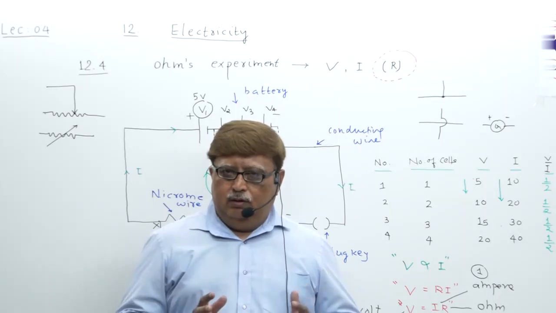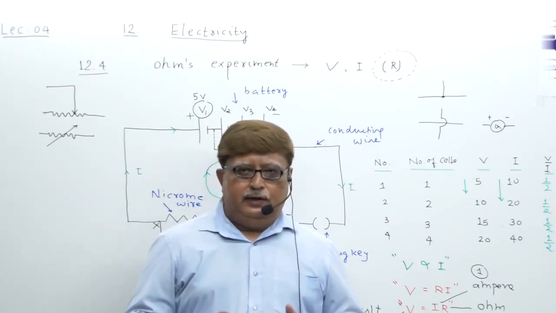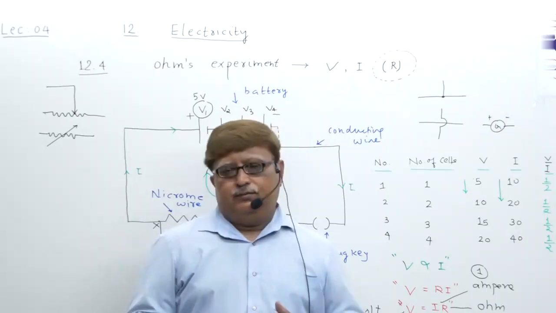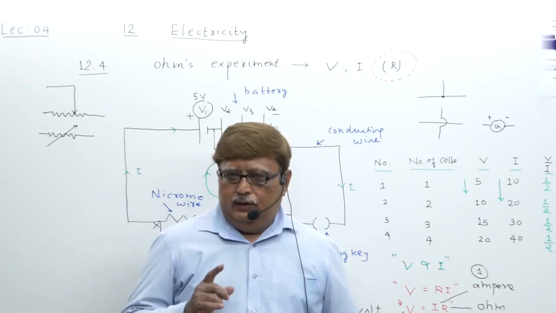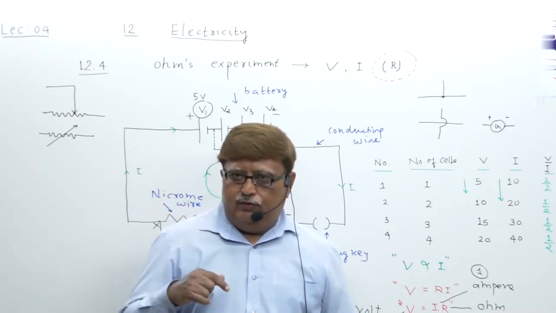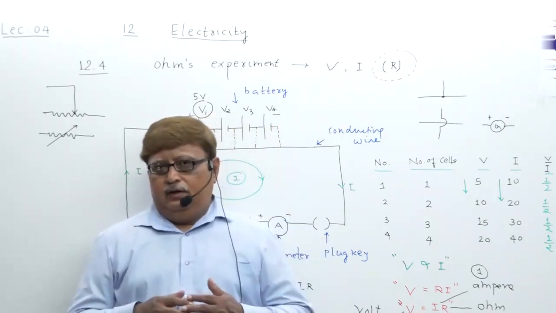So you understood my 4 lecture design. Lecture 1, only discussion about I. Lecture 2, only discussion about V. Lecture 3, actually topic 12.5, but I took it before that, only designed for understanding resistance.